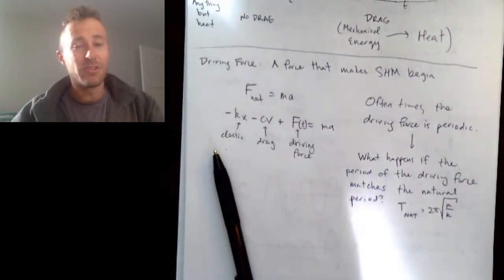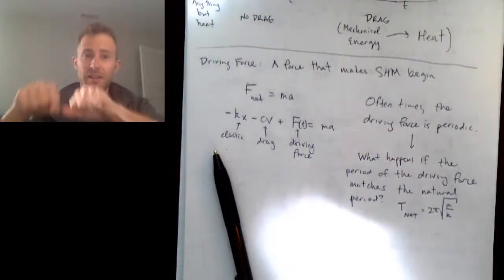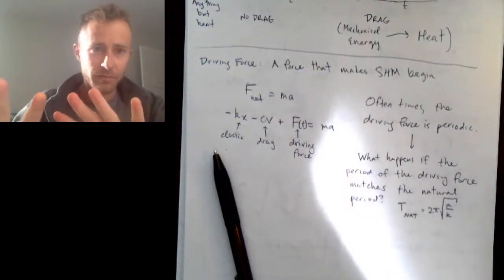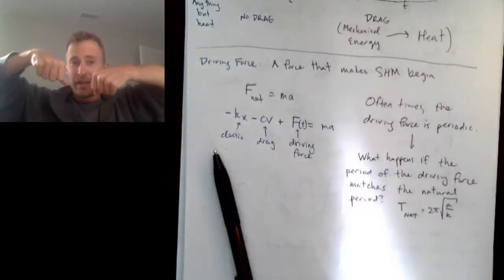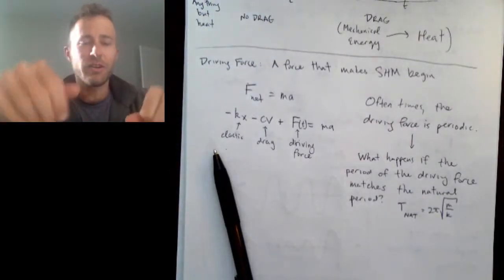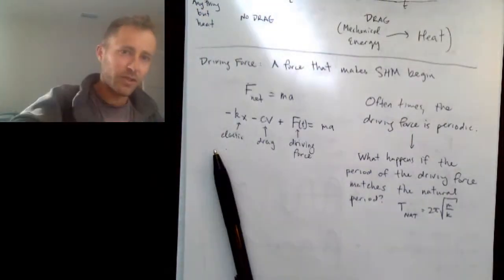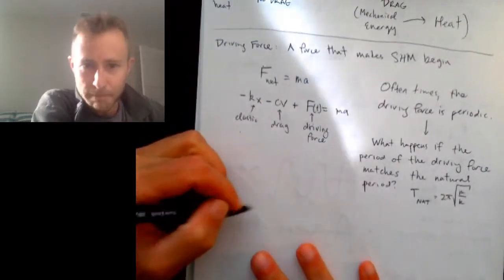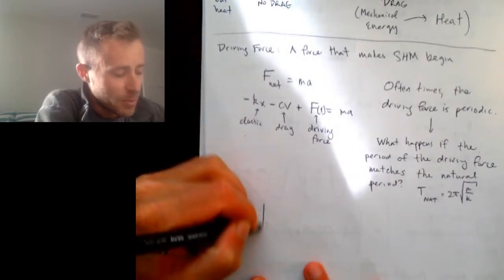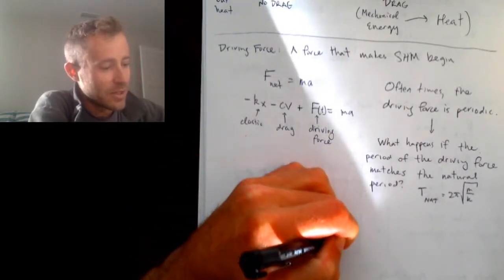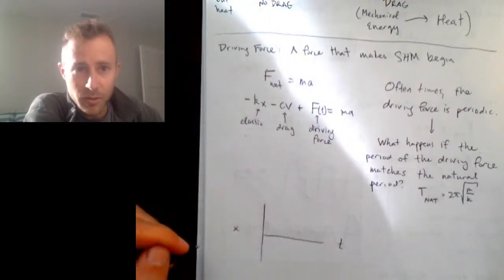But what happens is if you push in sync with the motion of the object, in other words, if you're on a swing and you kick every time you're going down, or if you push at the same point in the motion every single time, what you're going to get is a position time graph that looks like the opposite of what we saw with drag.